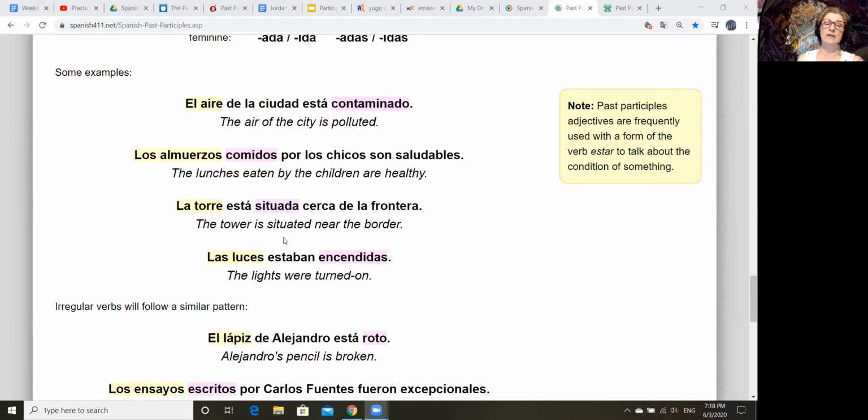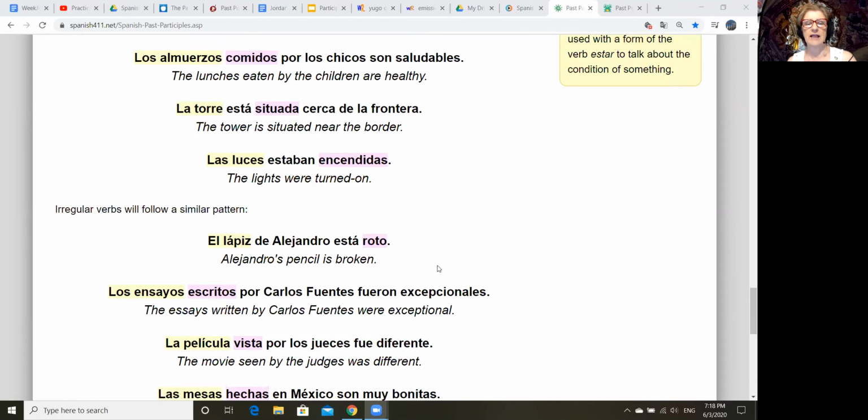Another word for located is ubicada. Ubicada means located. Está ubicada o está situada cerca de la frontera. Cerca de la frontera, near the border. But situada or ubicada, situada looks at torre, tower. It's talking about the location of the tower, so it needs to use a feminine form for la torre.